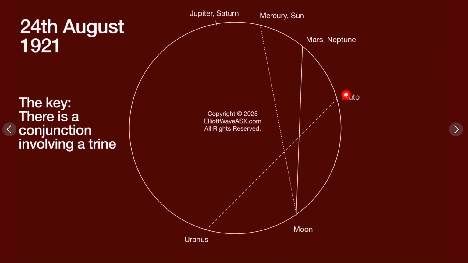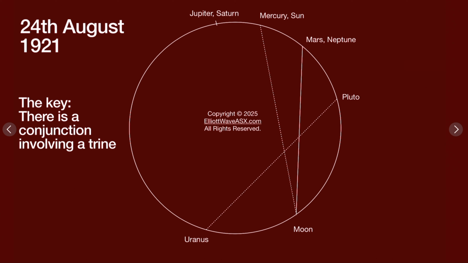Now I've put the Pluto-Uranus aspect in, that they're in a trine, but they're not involved in this setup. Now it's important to note where Jupiter and Saturn are, because they play a big part in business conditions. So when they're in an important aspect, it's always good to put it on.